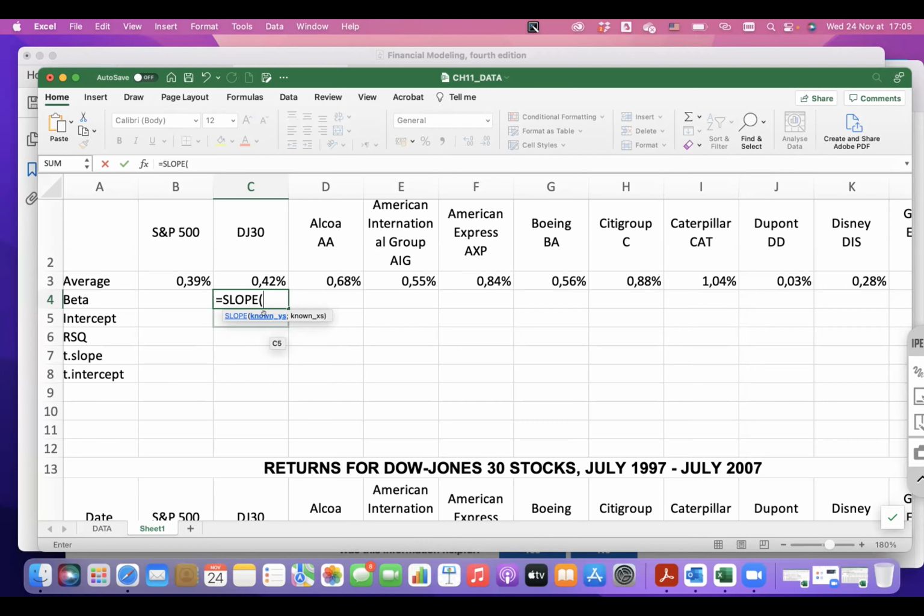So we have to distinguish here. Most of the mistakes made by students during the exam when they deal with the stock market line is that they confuse the y variable and the x variable. In the regression, the y variable means the dependent variable.